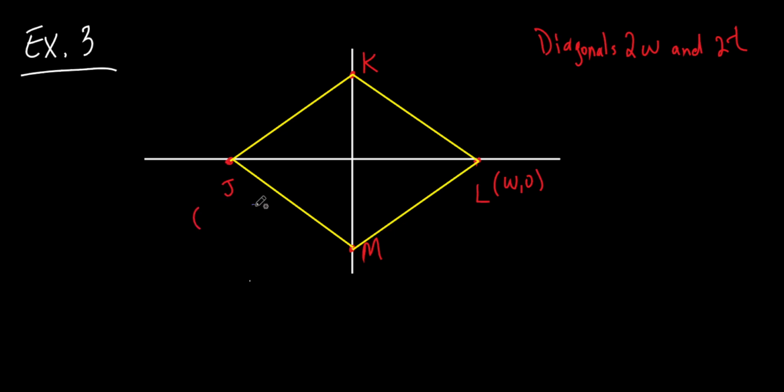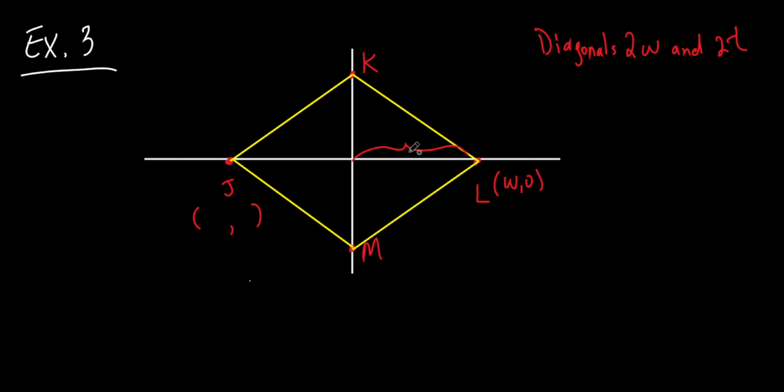Where is J? What is the coordinate of J? Now look, how far did I go to get from the origin to L? How far did I go? Well, now give me not a number, because it's really not a number. It's W. How far did I go over? That W could represent any number, couldn't it? 3, 5, 10, 100, whatever.